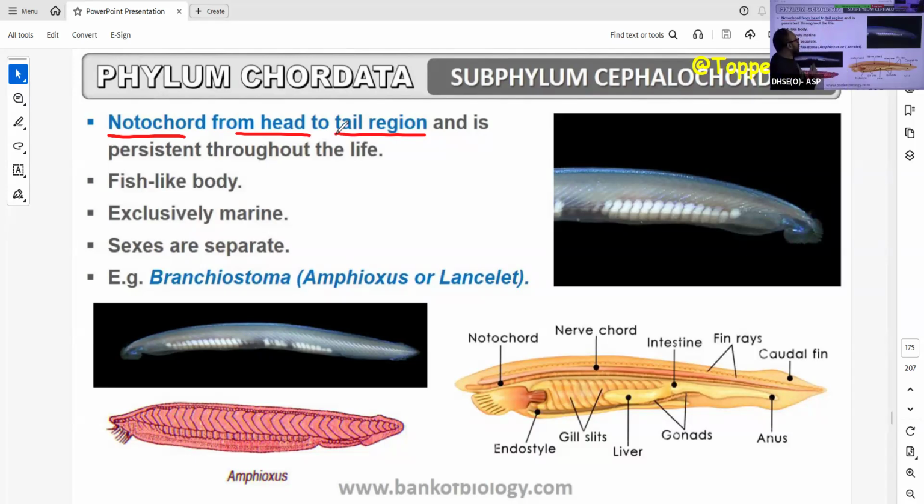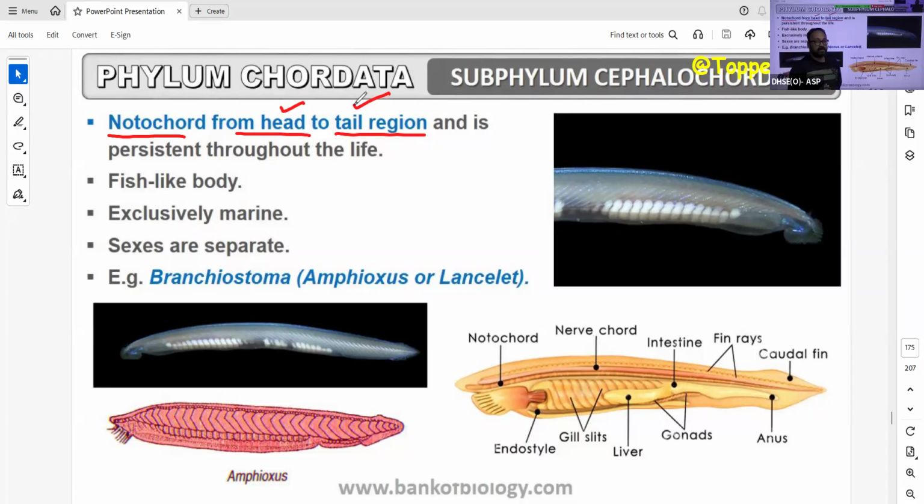But in case of cephalochordates, you'll find that the notochord is present in their body throughout their life and in the entire length of the body. Look, from the head to the tail, totally covered. Head region to tail region, entirely it is present.